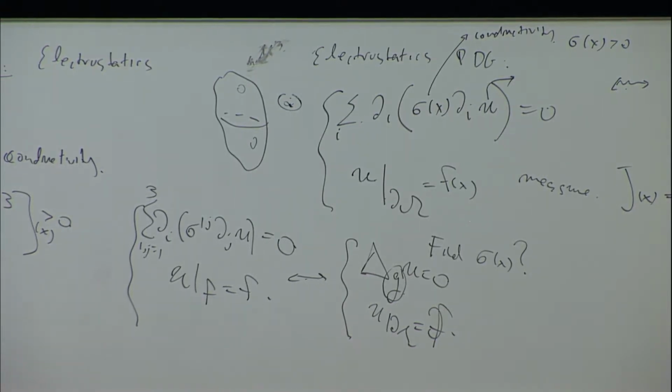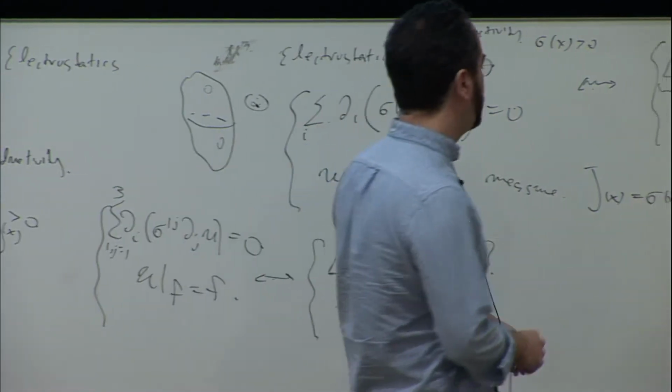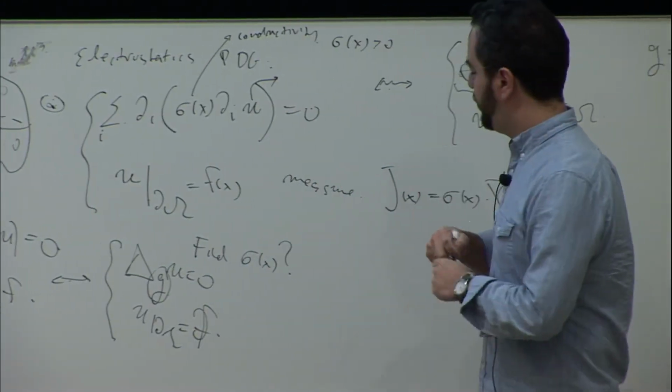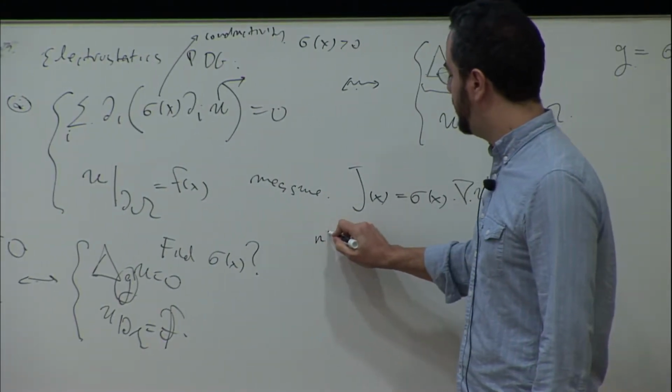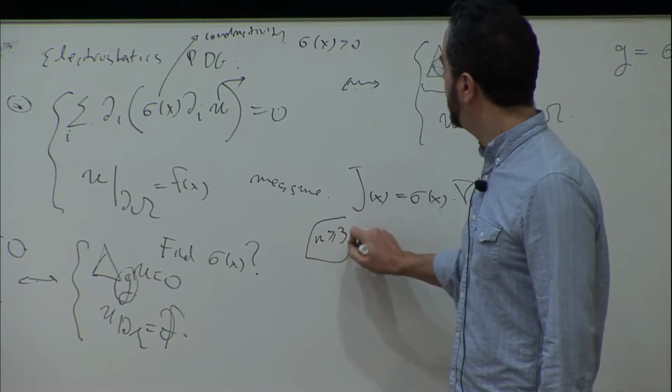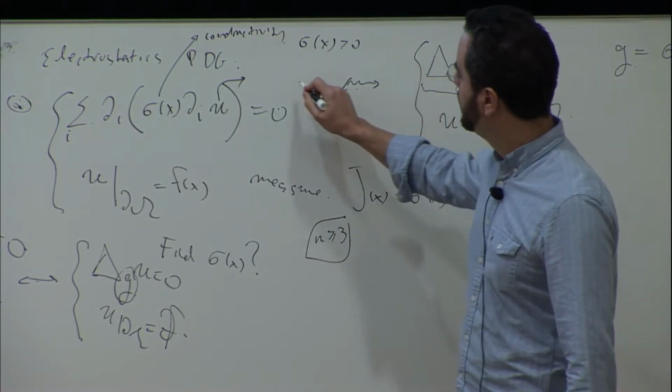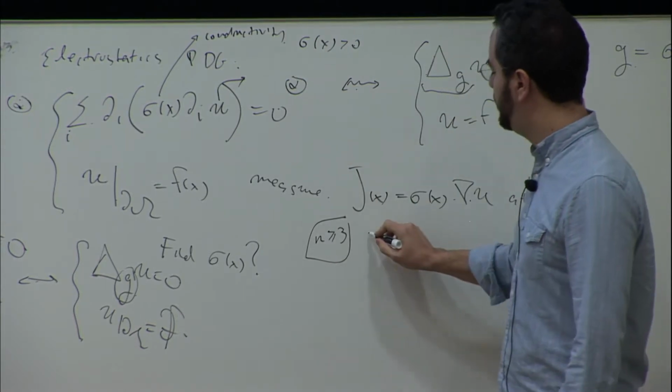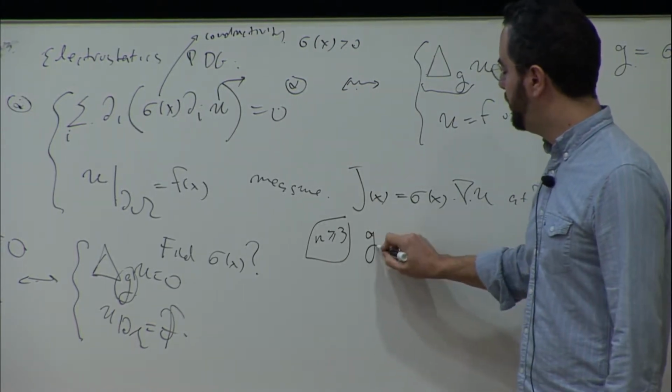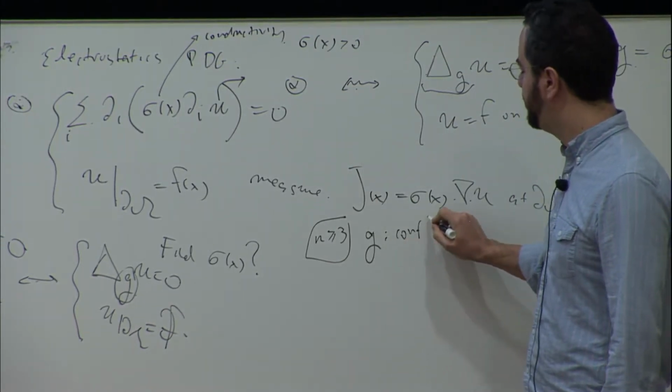All right, let me mention some results here. For dimensions 3 and higher, problem alpha has been resolved for g being conformally flat, conformally Euclidean.